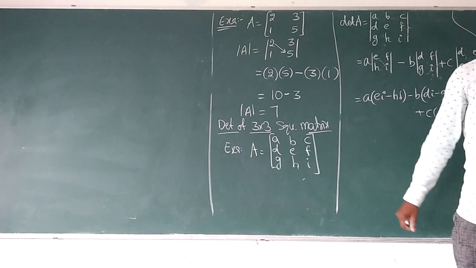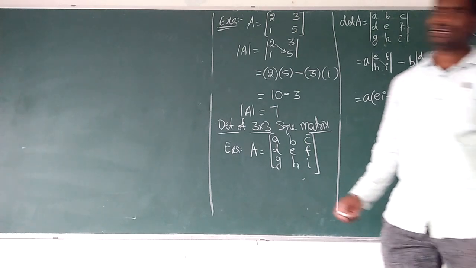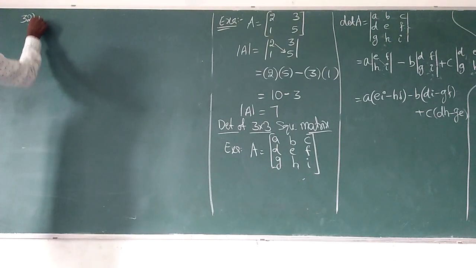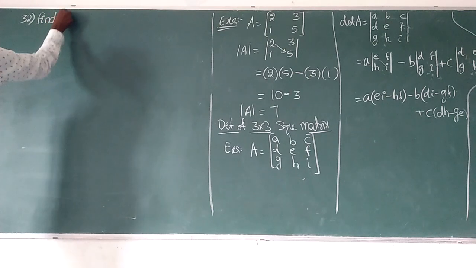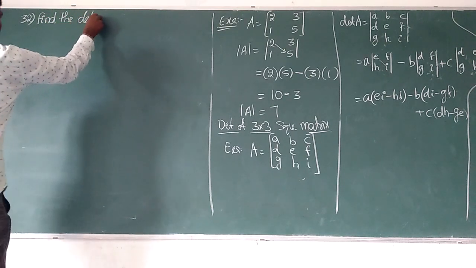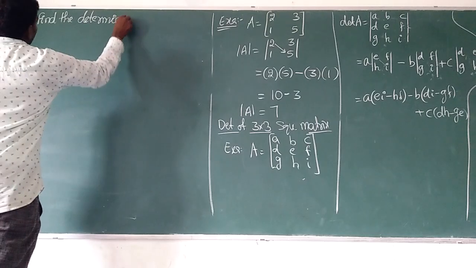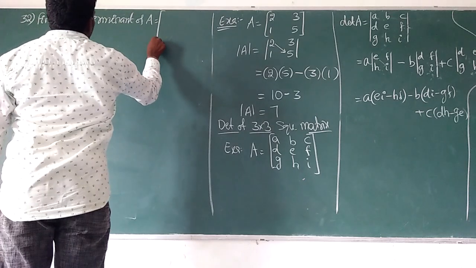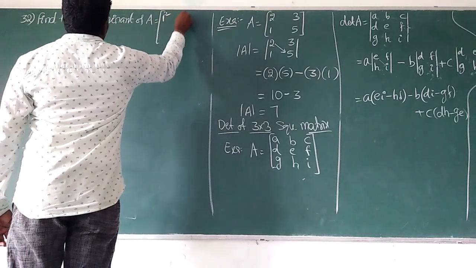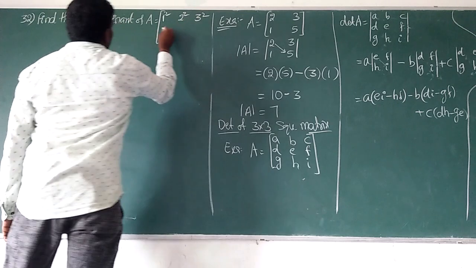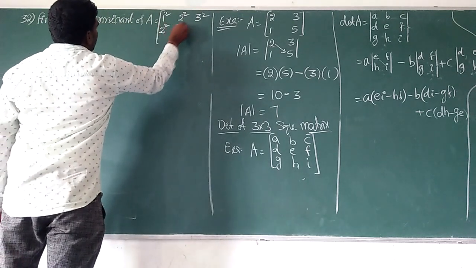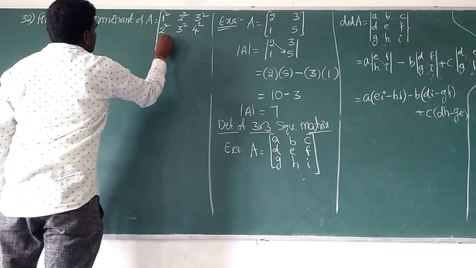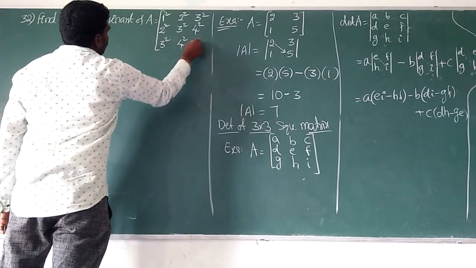Find the determinant of matrix A equals 1 square, 2 square, 3 square, 2 square, 3 square, 4 square, 3 square, 4 square, 5 square.